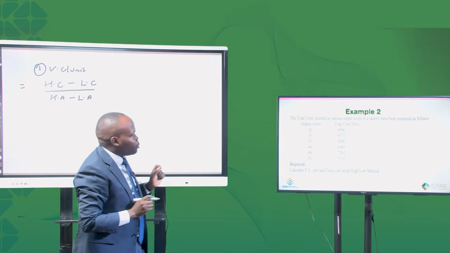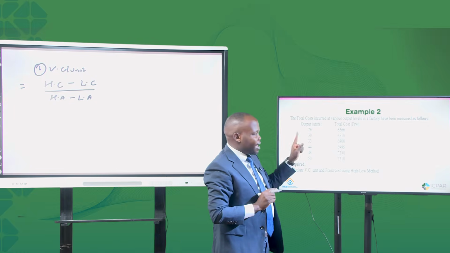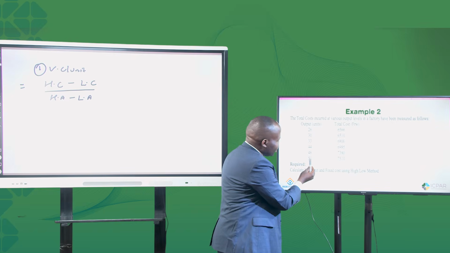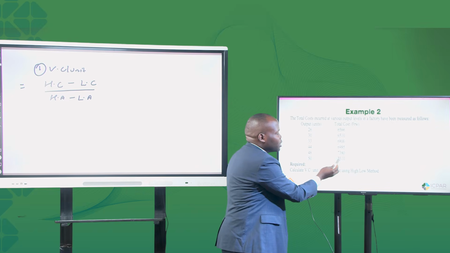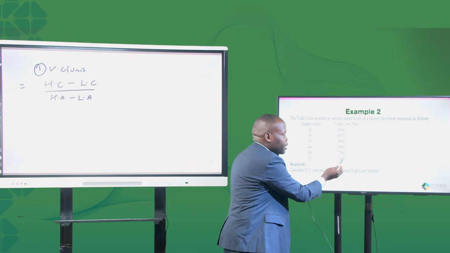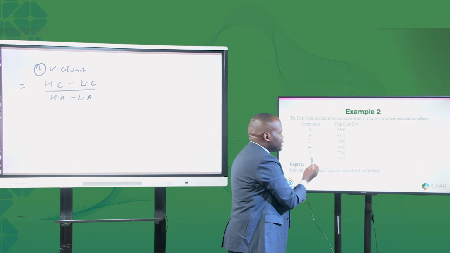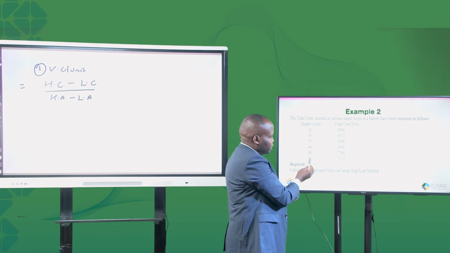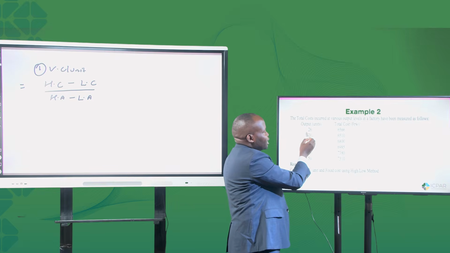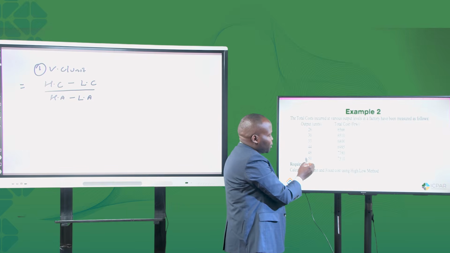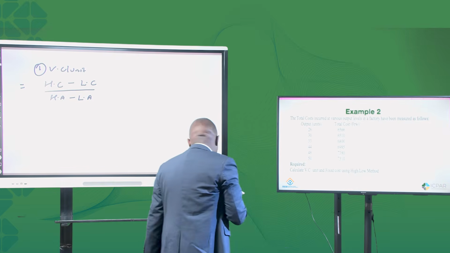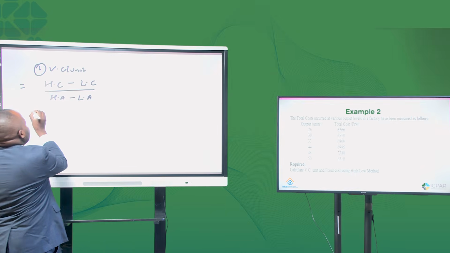But I'm stressing the point, cost of the highest activity. So highest activity is 50 and the cost is 73.10. I've not said highest cost. It is cost of highest activity. This is the highest activity and this is the lowest activity. So you pick the cost of the highest activity, which is 73.10.